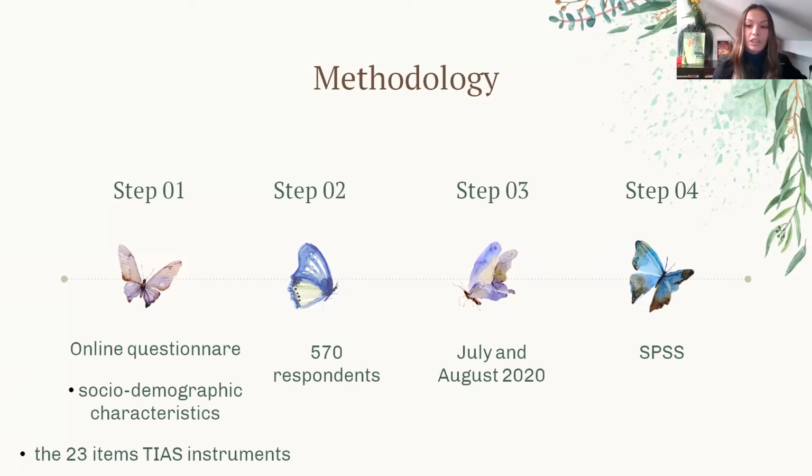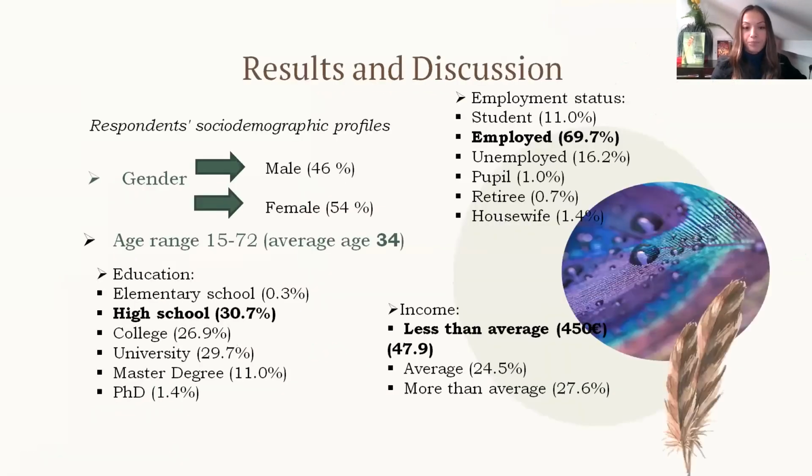This instrument was developed by Howard and Langford, American professors, in 1994. The total sample of this research was 517 respondents, and the survey was conducted in July and August of 2020. The data was analyzed using the statistical program SPSS.